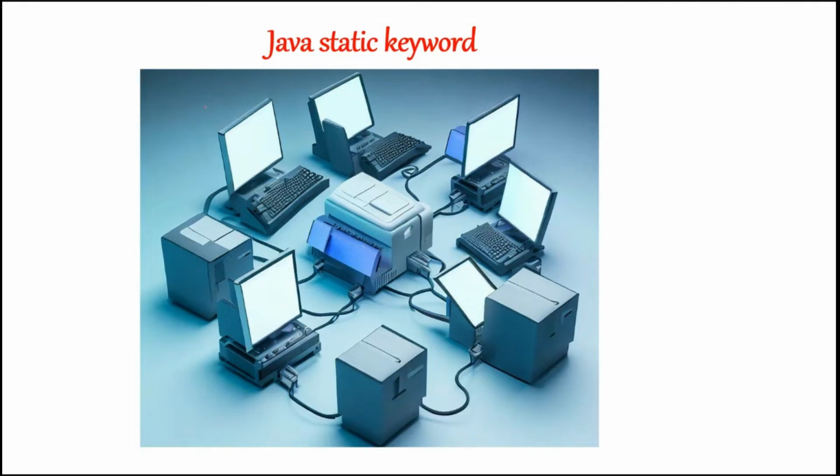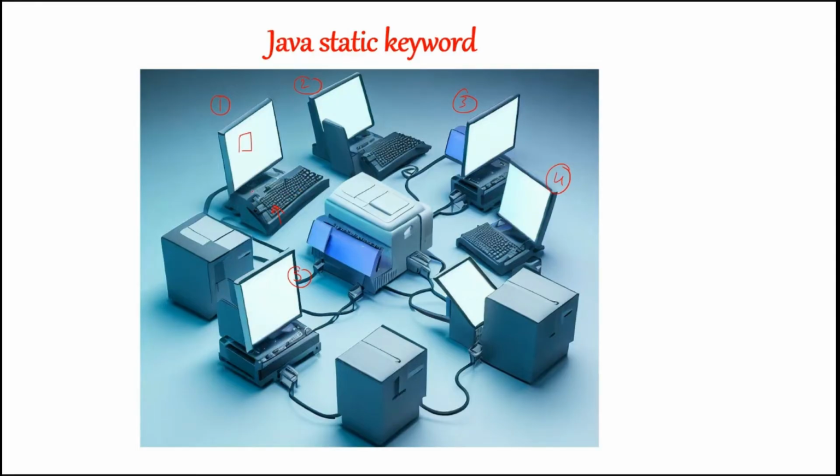So here, if you count the number of objects, this is object 1, this is object 2, this is object 3, this is object 4, and this is object 5. So 5 objects are there, and 5 are computer objects. They have their personal copy of keyboard, and here you have the monitor.